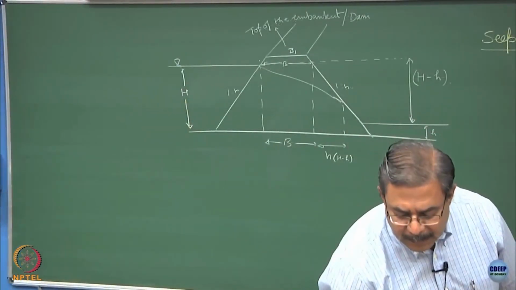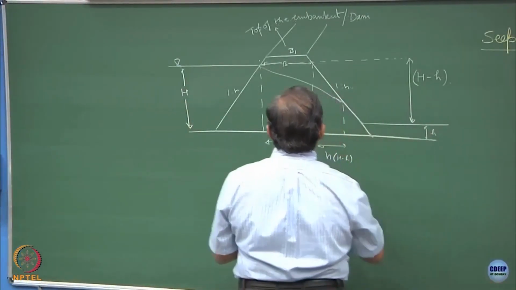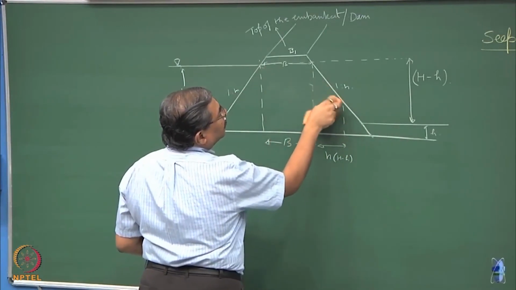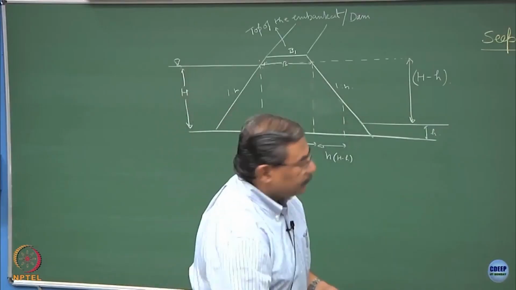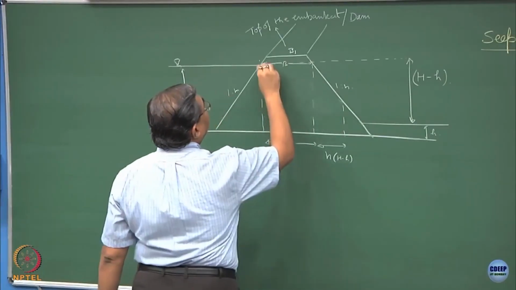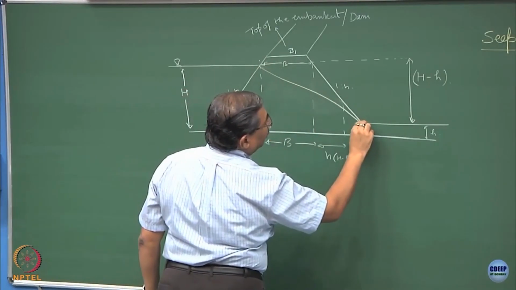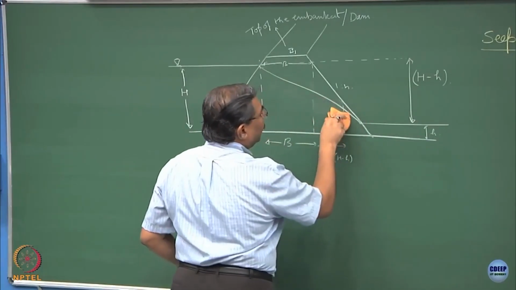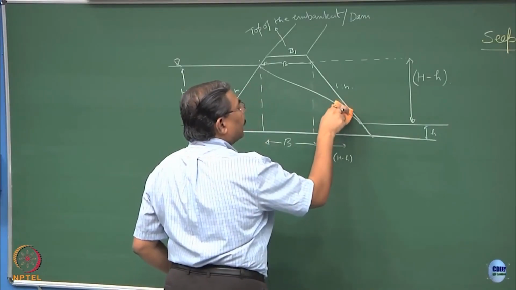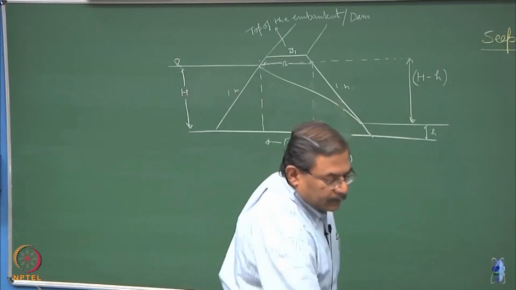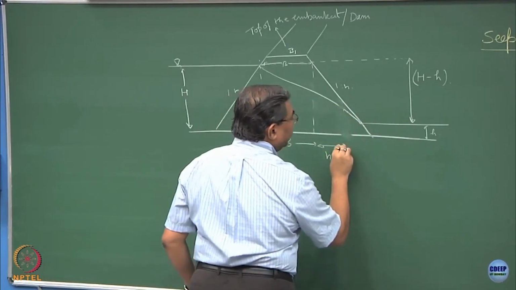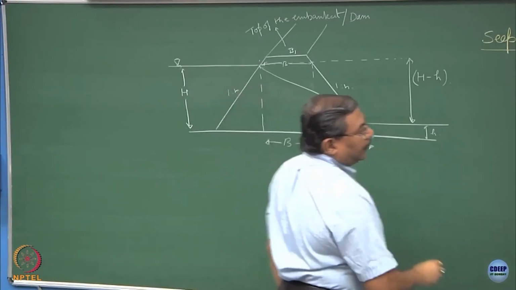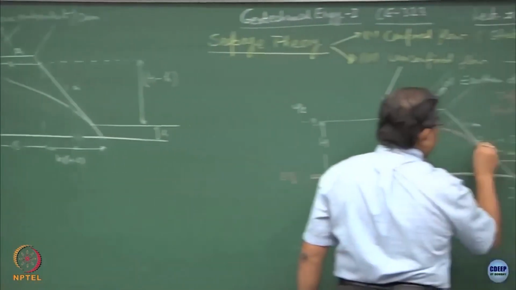I think the first analysis we should be doing is with the, I will have to change the phreatic line. Yeah, you are right. So, I was not very careful when I drew this. So, in this case we are putting the point 3.